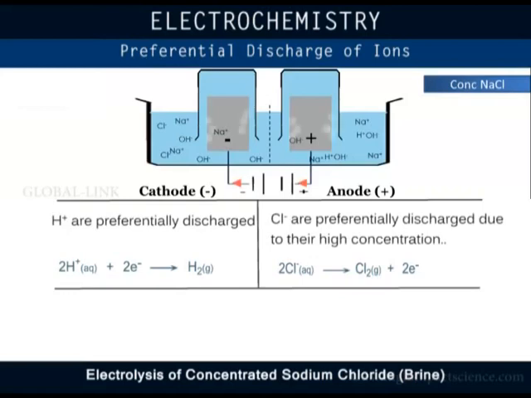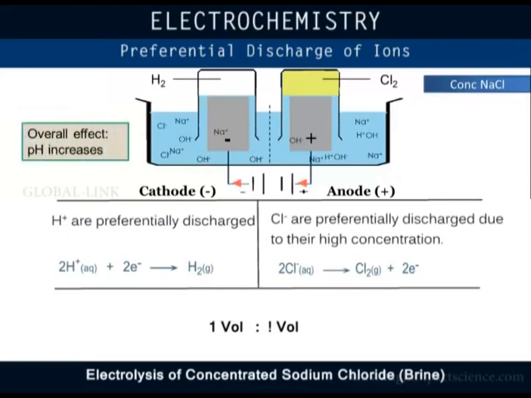Notice that for every 2 electrons, 1 volume of hydrogen and 1 volume of chlorine gas is produced, so the gas volumes are equal. As the hydrogen ions are discharged at the cathode, the relative concentration of hydroxyl ions increases, thereby raising the pH of the solution. The sodium and hydroxyl ions that remain in solution form sodium hydroxide.